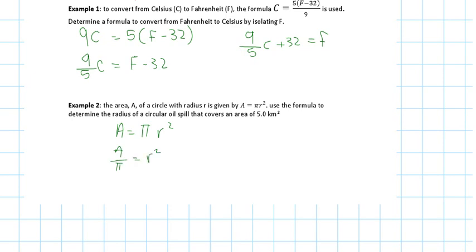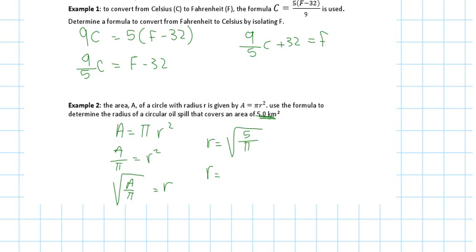And then what would be your radius? Make sure that you put in brackets. If you're putting it all together, you want this in brackets, or do 5 over pi, then do the square root. 1.3, what's the unit? Kilometers. Okay?